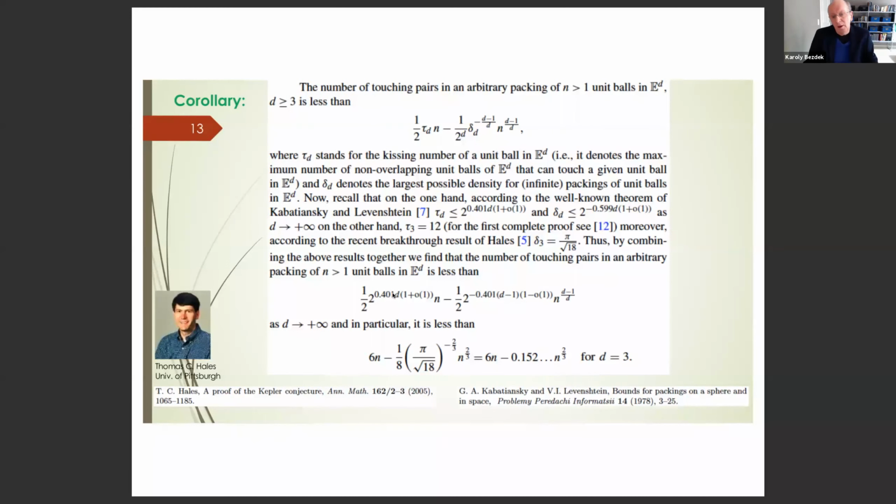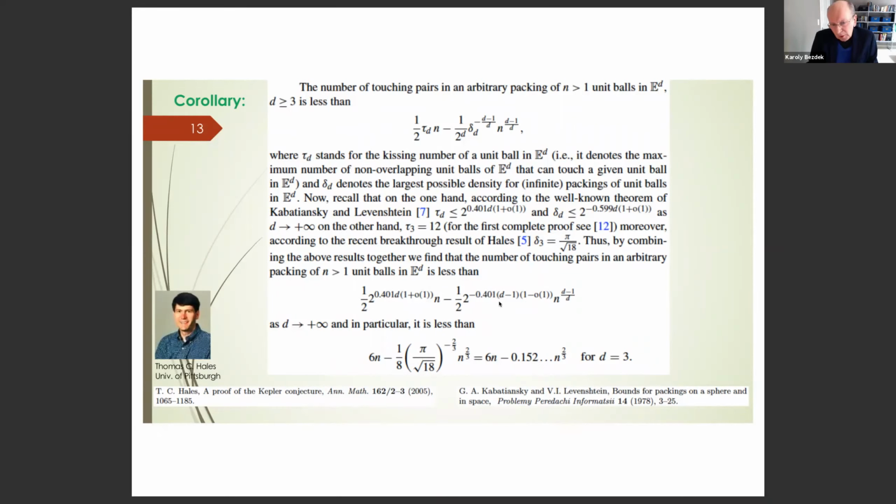If we lower the dimension to 3, in dimension 3, the above formula is translated into this one. Well, actually, translation here means that I'm using Hales's result, that the highest density of unit ball packings in 3-space is pi over square root of 18.